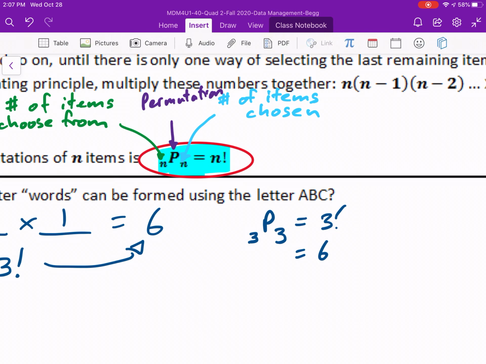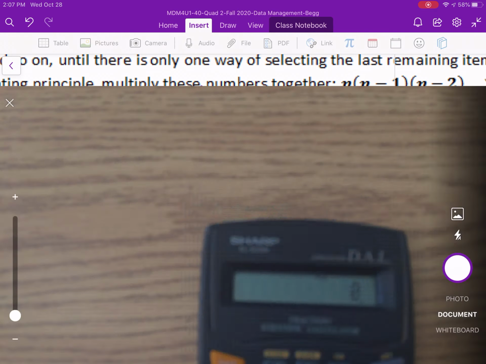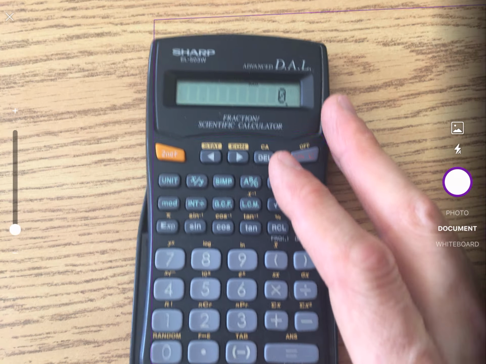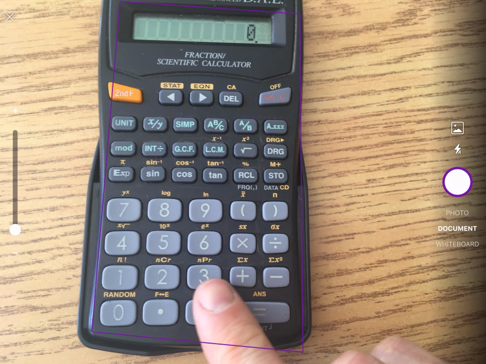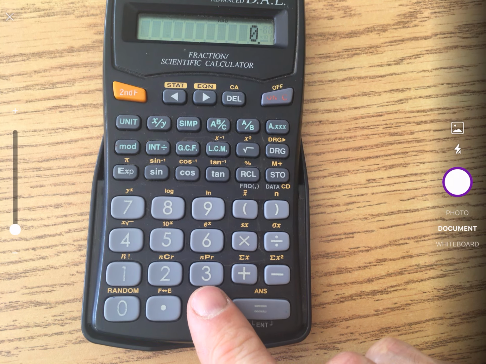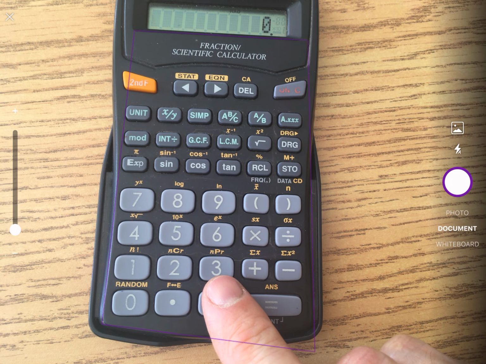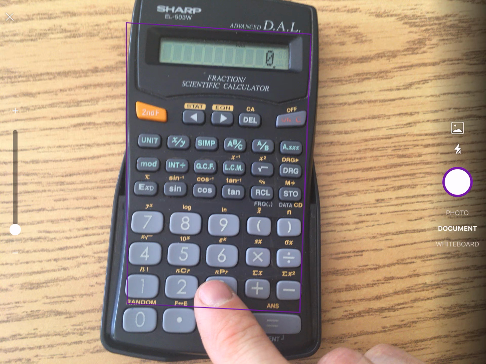So let's see. Turn on my camera. And here's my actual calculator. If you notice down there above the number 3, you'll see it says nPr. So here's how I type it in.